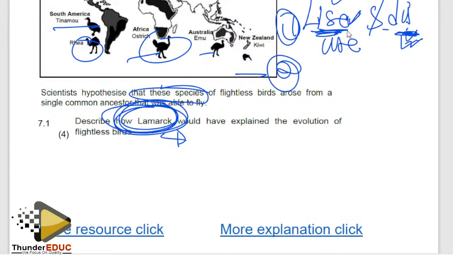Frequently, the trunks became bigger. And then they passed this character of big, long trunks to the next generation. That's now the inheritance of the acquired character. Don't just tell me that they passed the character to the next generation. Which character? They passed the character of big trunks. In this case, they passed the character of not being able to fly to the next generation.